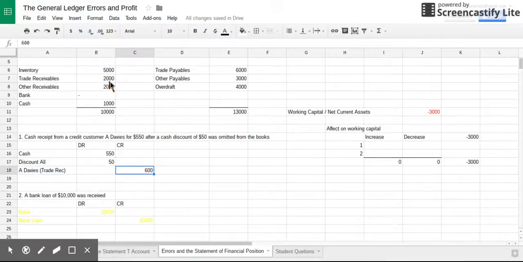So trade receivables are going to go down by $600. Cash is going to go up by $550. So the total of the current assets is going to fall, and it's going to make the working capital position of this business even worse by $50. So it's going to decrease the working capital.